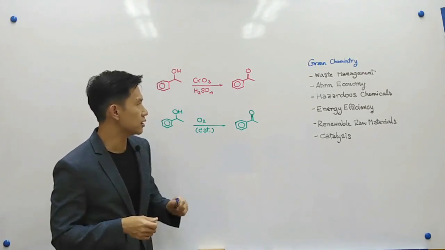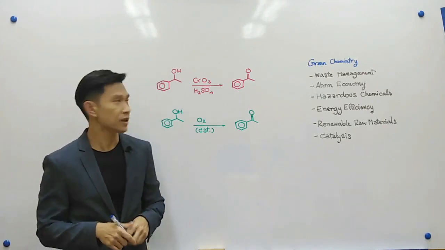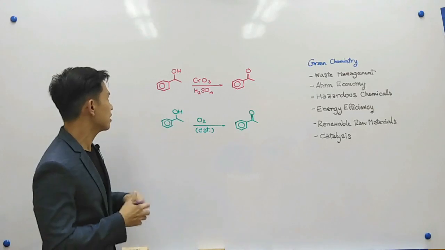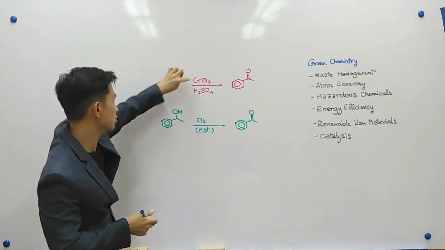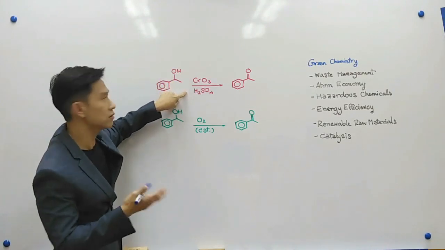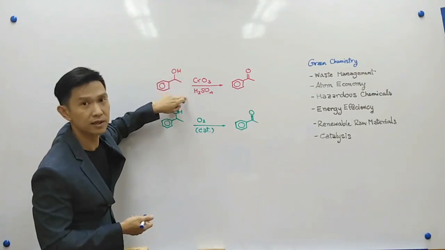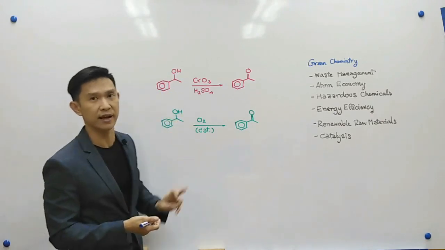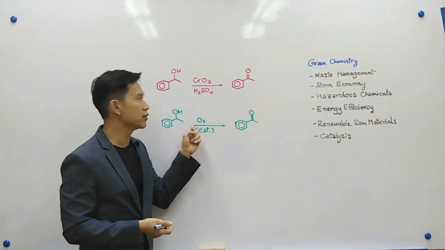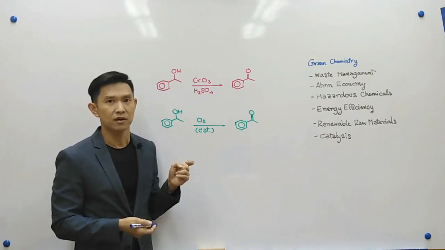Next one is renewable raw materials. In this case, as you can see, the raw material used here, the starting material, is actually the same, but you also have to buy chromic acid and sulfuric acid. But in this reaction, you use oxygen gas in the air. So this is a renewable raw material.